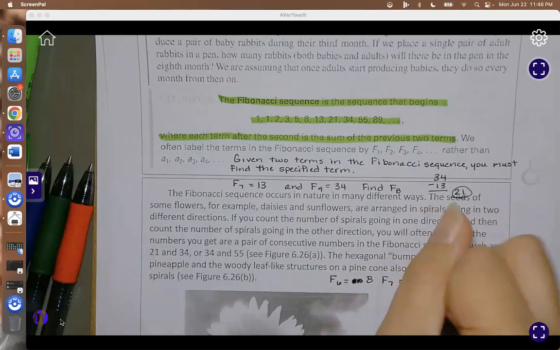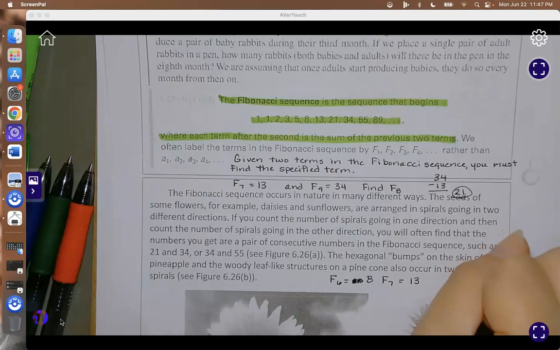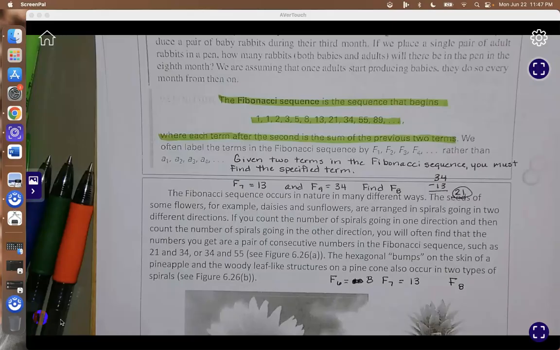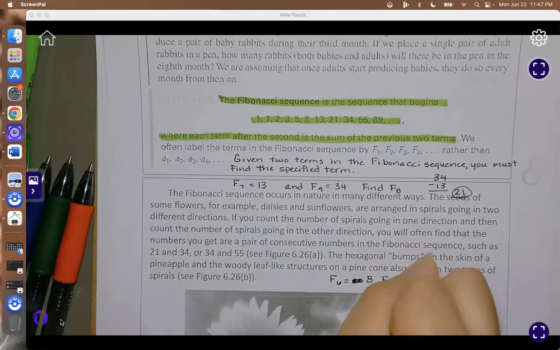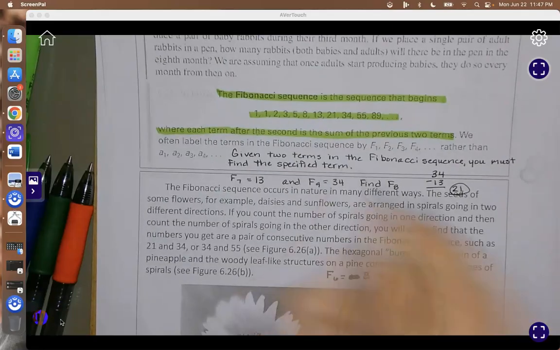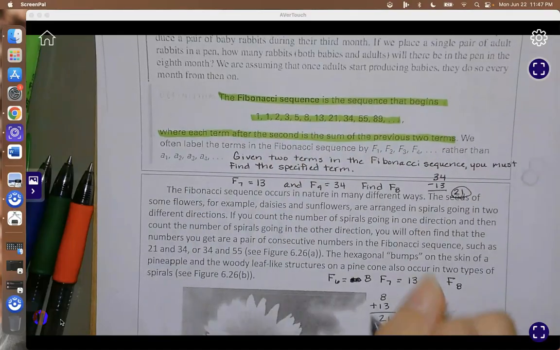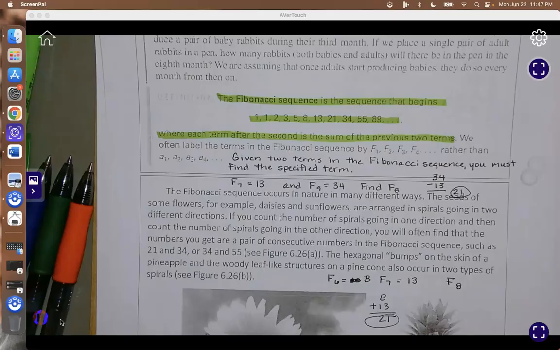F of 7 is 13. Find me f of 8. And then they're in order, so you would just add 8 and 13. And that's 21. So those would be just random numbers. You wouldn't have the Fibonacci sequence written in front of you. So those would be types of problems.